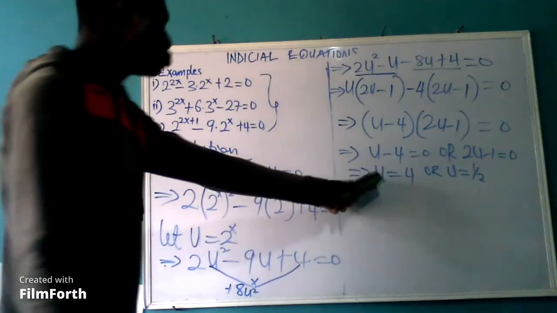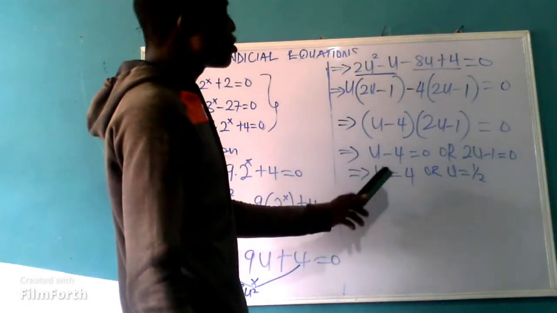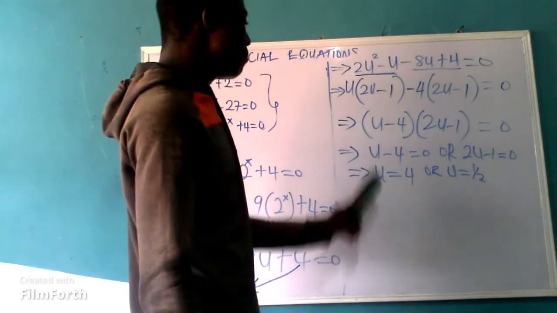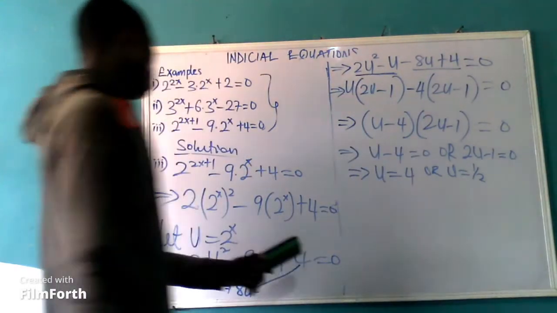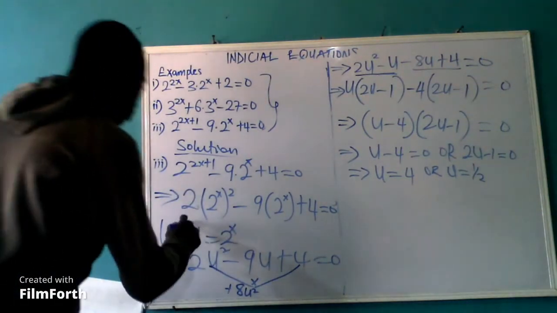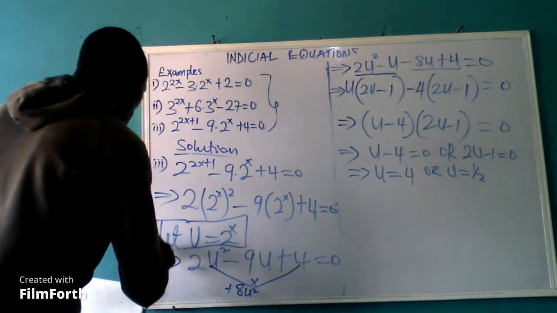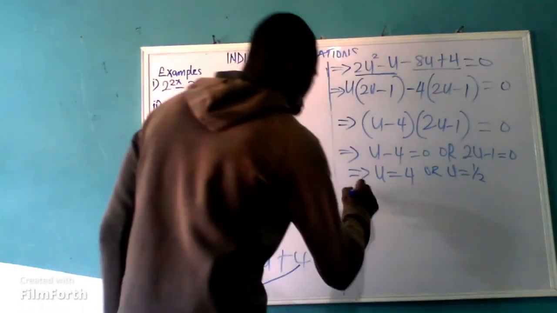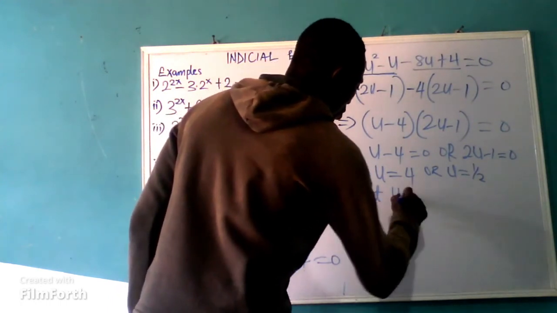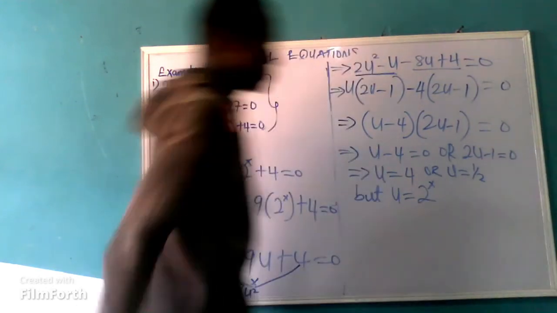We only use u to transform this equation. So therefore, you substitute back all these values of u, taking them one after the other, into this equation so as to get x. So you have to remind yourself how you chose u. You chose u to be equal to 2 raised to power x.